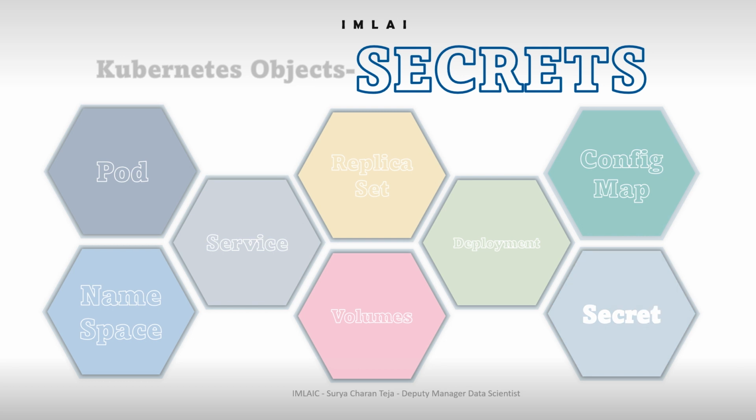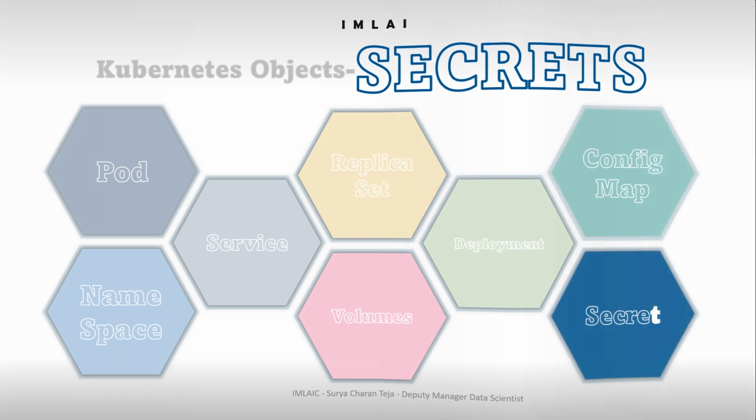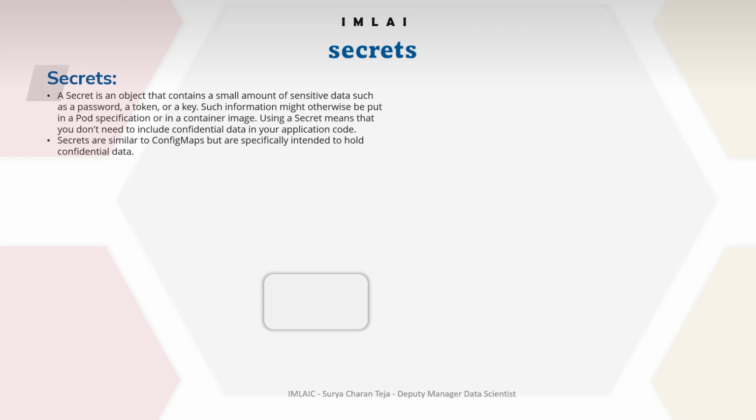So this kind of pod, we call it a secrets pod. A secret is an object that contains a small amount of sensitive data, such as a password, a token, or a key.